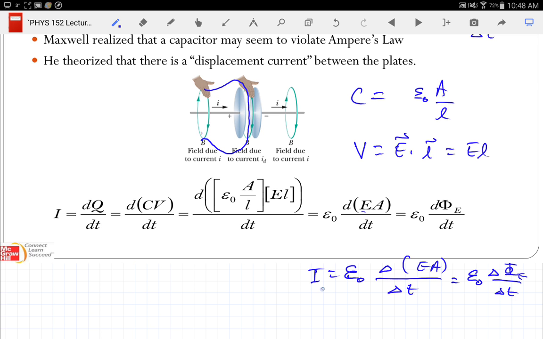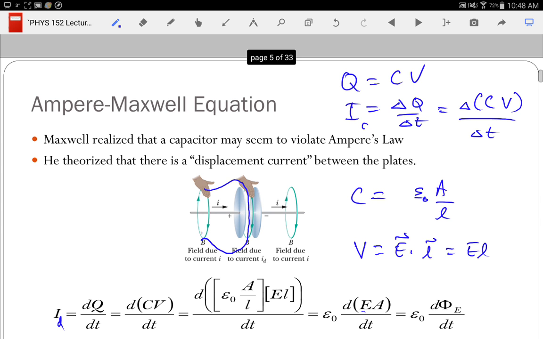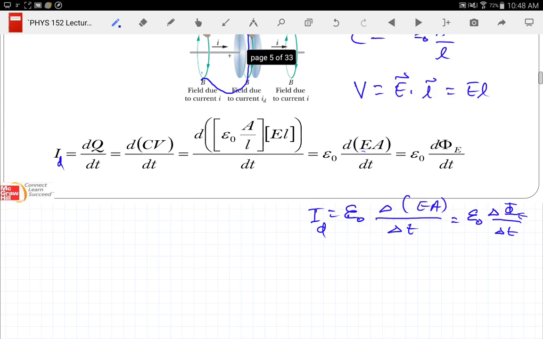So he said this displacement current is equal to epsilon 0 times the rate at which the electric flux is changing. And so that means that we need to really change Ampere's law.